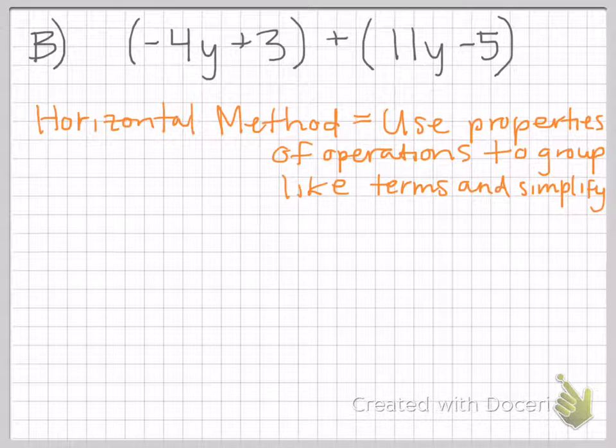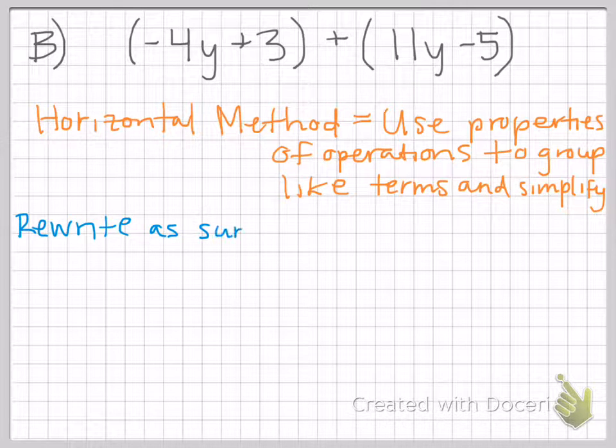So remember, step 1 would be to rewrite as sum. So I'm going to change any subtractions that I see. So let me change my marker. Do I see any subtractions?